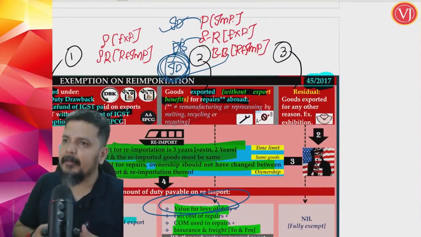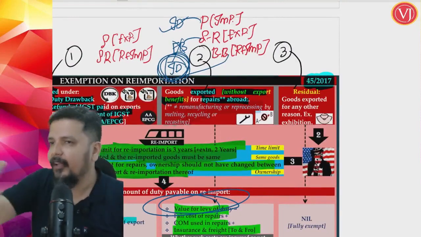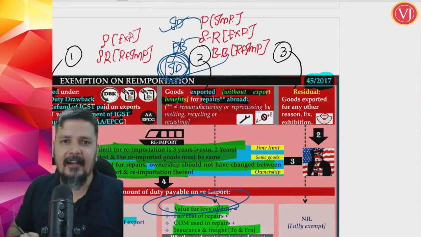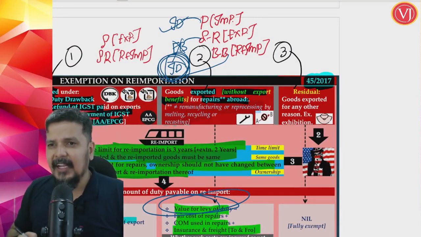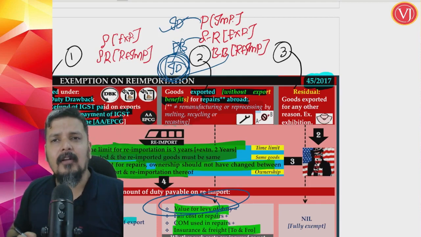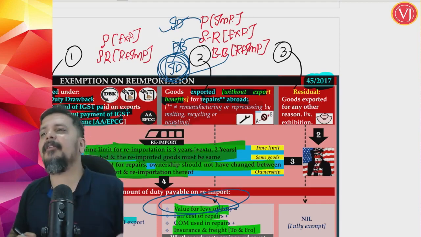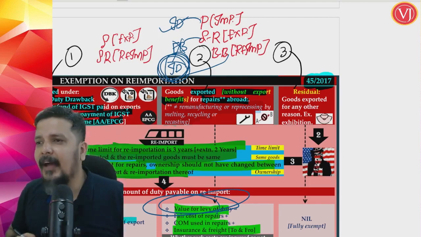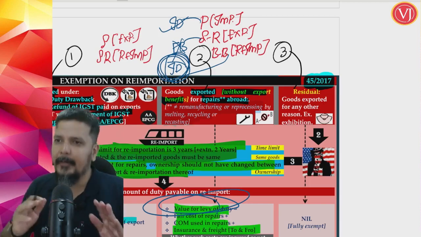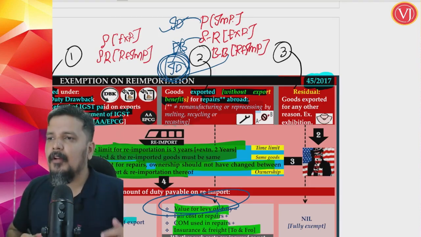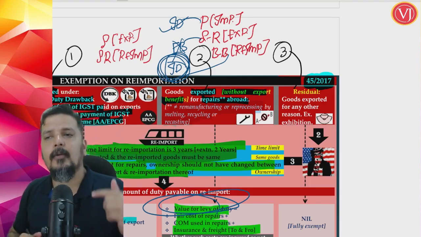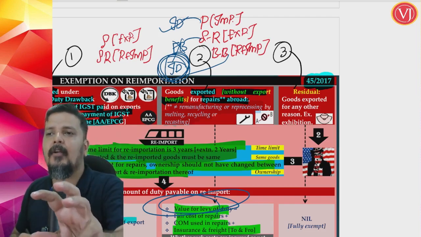Now there is a problem with the machinery. You are sending it for repairs and bringing it back after the repairs are over. If you were asked to pay import duty again on 1 crore, it would not be fair. Therefore they say, okay, you have to pay import duty, but on what value? Freight and insurance from India to outside India to India. In outside India, what was happening? Repairs.